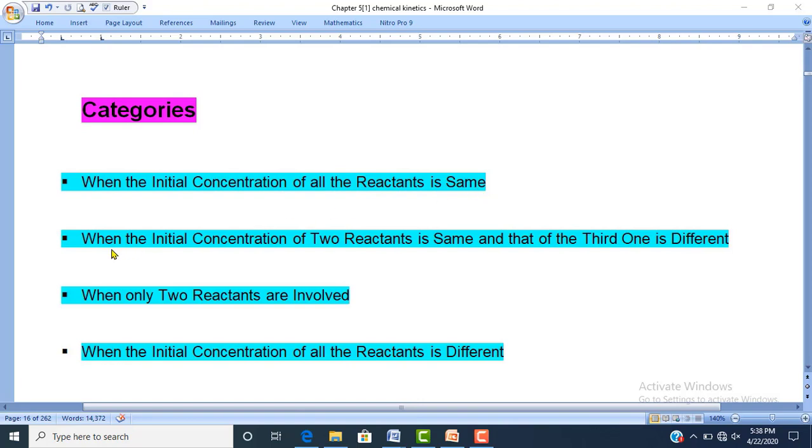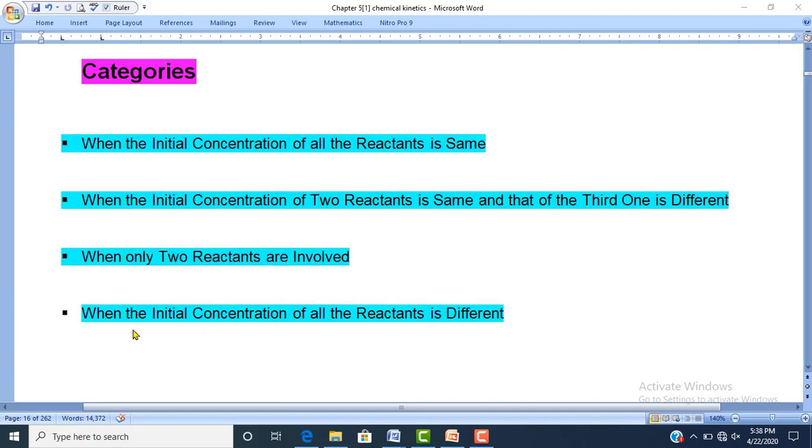Second category, when the initial concentration of 2 reactants is same and that of the third one is different. Third category, when only 2 reactants are involved. And the last category, when the initial concentration of all the reactants is different. So we will study them one by one in the upcoming lectures.